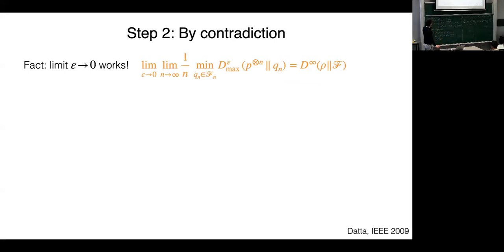Right. So let's look at this horrible function. Let me define this function, f plus minus of epsilon, just because I don't want to rewrite them. Let's say this is the lim sup, or if we want to be super careful, of this quantity, when rho tensor n or p tensor n, and then our free states.